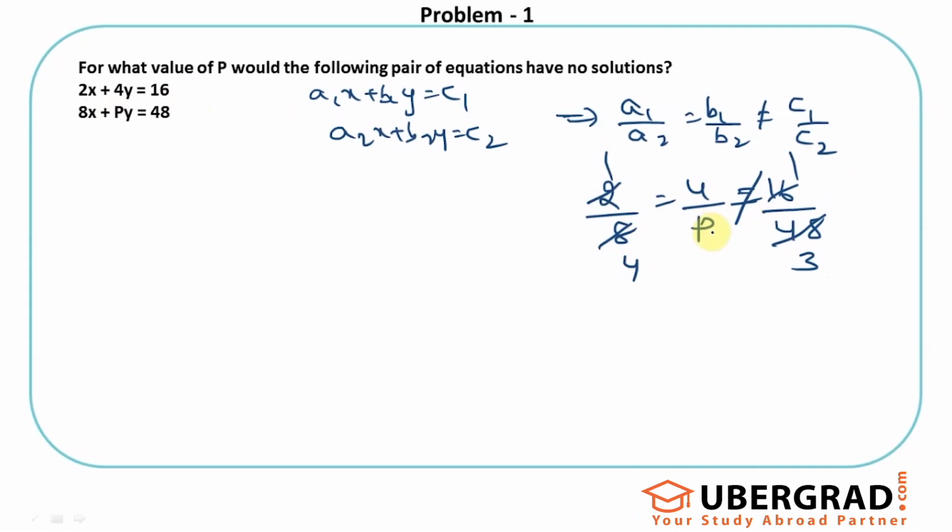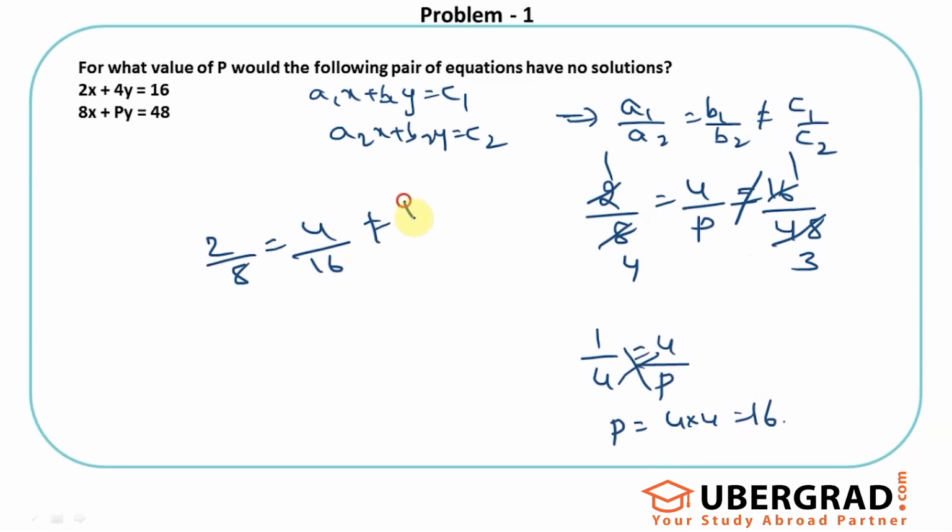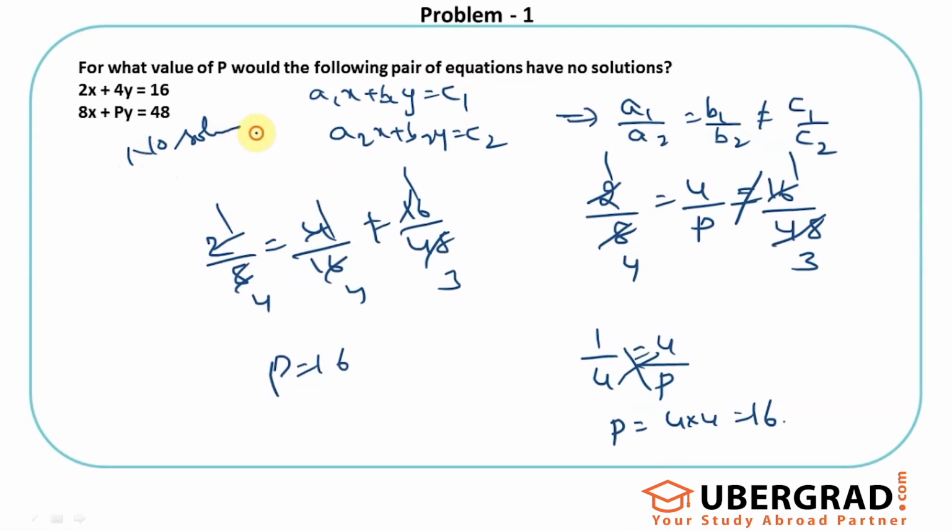As long as I make p such that I get this 1 to 4 ratio, that is, 1 by 4 is 4 by p, so p is 4 into 4, which is 16. So I will have 2 by 8 equal to 4 by 16, not equal to 16 by 48. This is 1 by 4, this is 1 by 4 and this is 1 by 3. So that means when p is 16, I will have no solutions for this pair of equations. That's the reason why these things are useful.